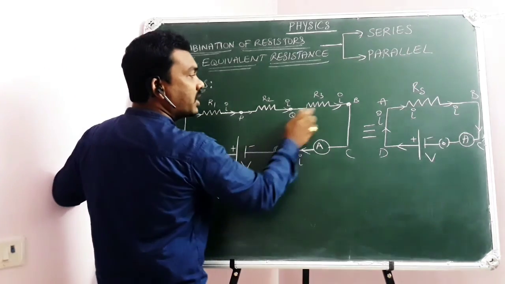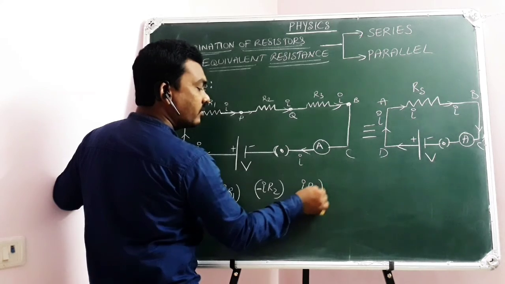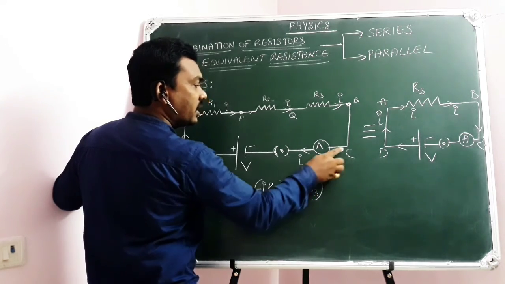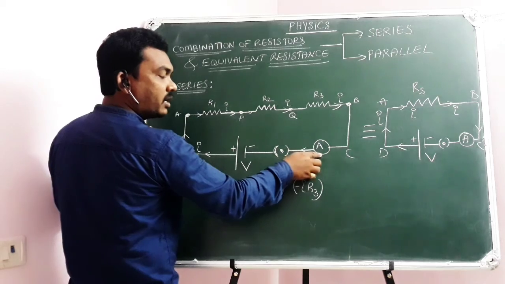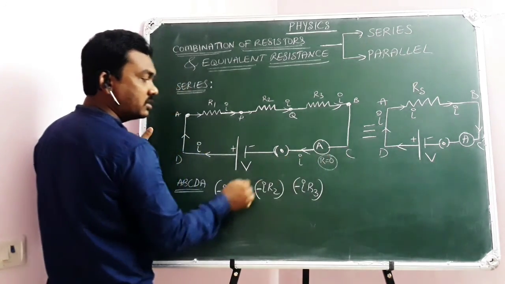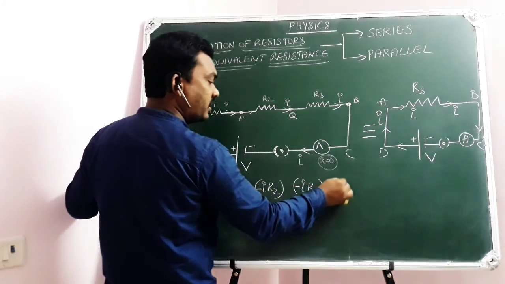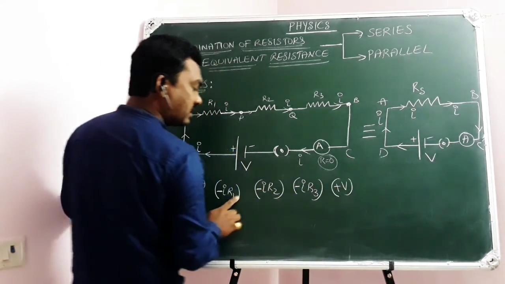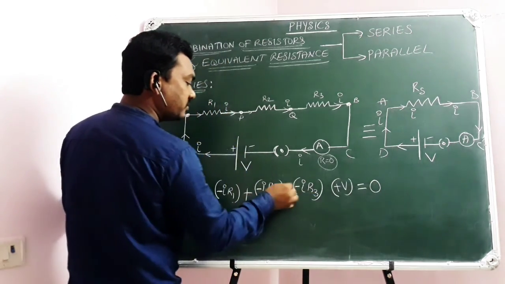And from Q to B, again potential drop IR3, so minus. Again C to this one. Here you know the ammeter offers zero resistance. I told you, an ideal ammeter offers zero resistance. So here minus to plus, potential rise, so plus V. So the algebraic sum of all the potential differences in a closed loop will be 0.